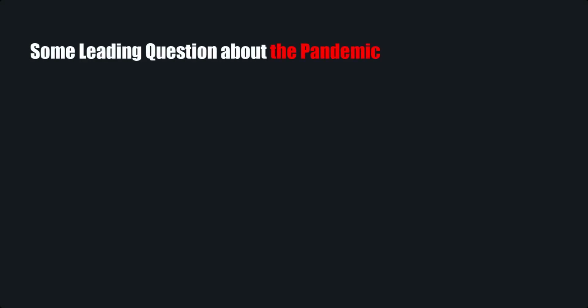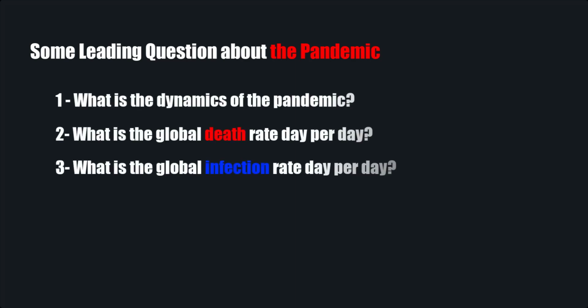Okay, using this data, what sort of questions are we going to answer? There are mainly three types of leading questions people are facing at this moment. So basically, what is the dynamics of the pandemic? Which means the number of cases day by day. So then we have the number of deaths, then the number of confirmed cases.